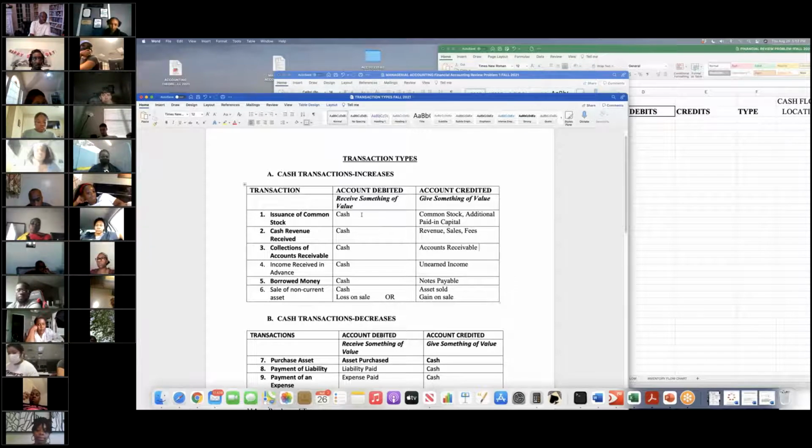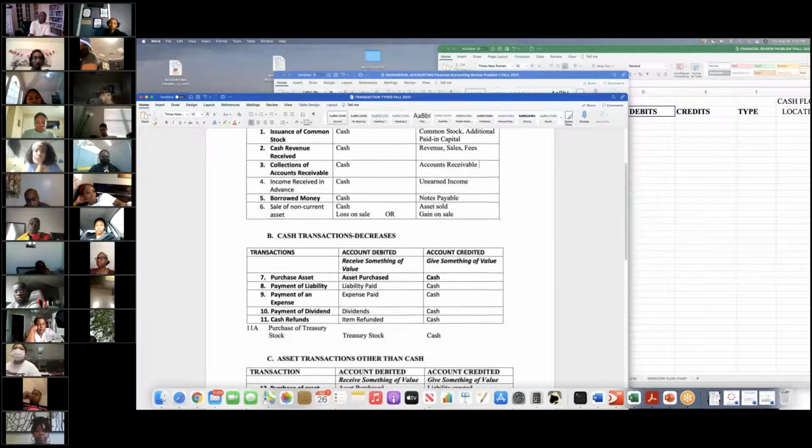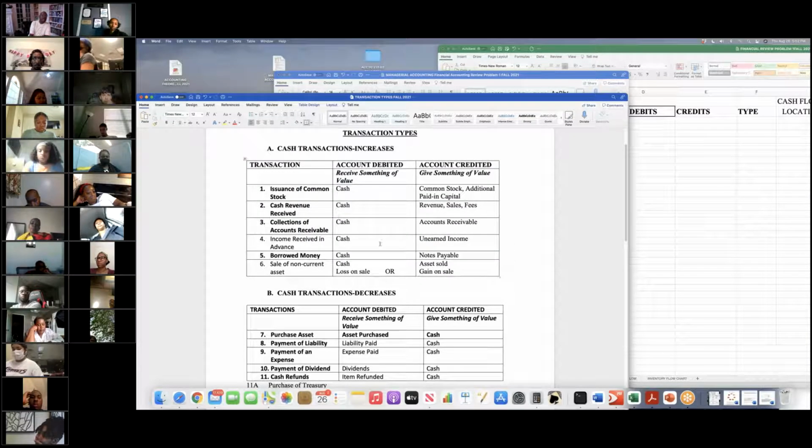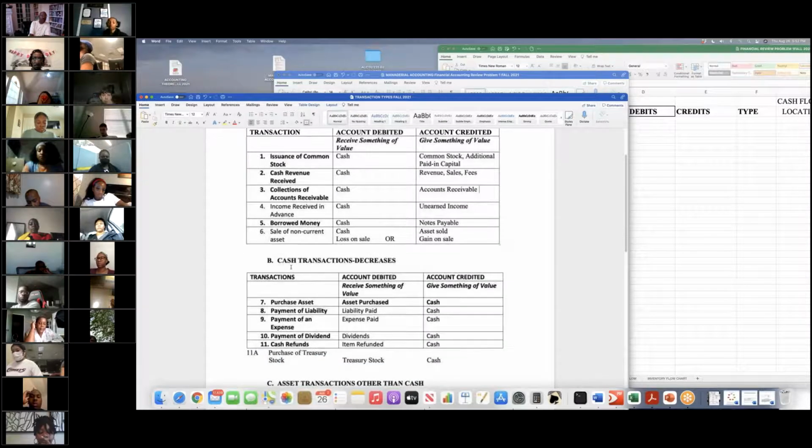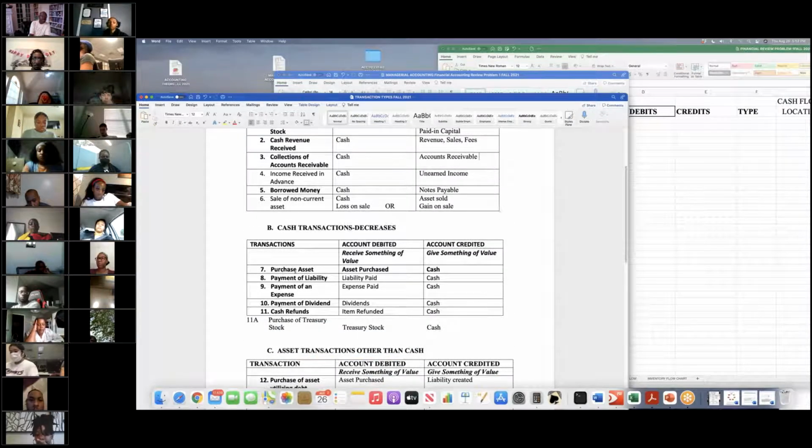So anytime cash comes into the business, we debit cash and credit something. If we pay cash out, we debit something and credit cash. So when cash comes in, it has to be types 1 through 6. Did cash go out? It has to be 7 through 11.